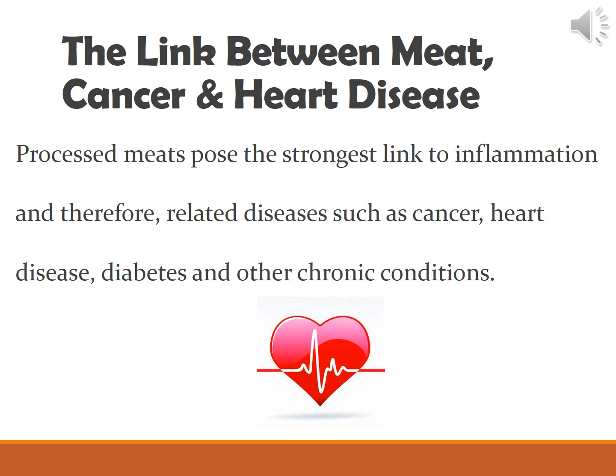So processed meats pose the strongest link to inflammation, which therefore is related to these specific chronic long-term diseases. Now, unprocessed meats contain nutrients that reduce inflammation, and they also decrease the risk for these types of chronic long-term diseases.